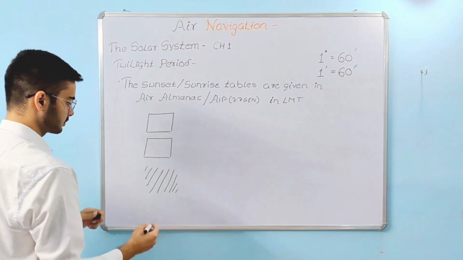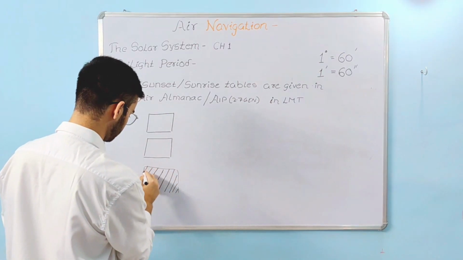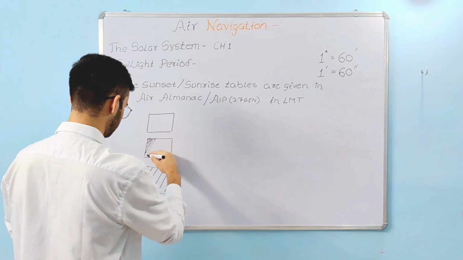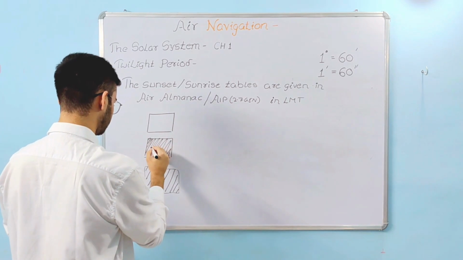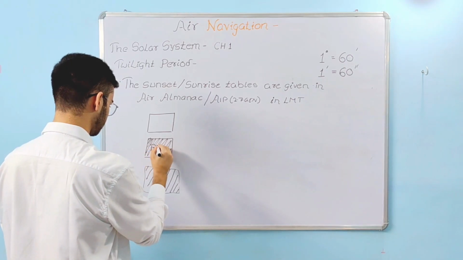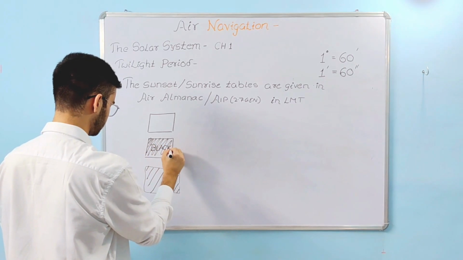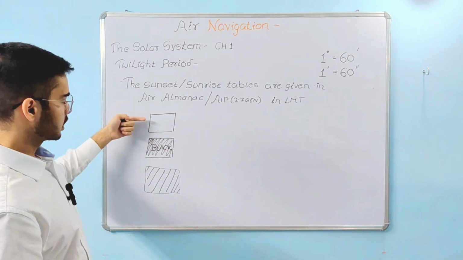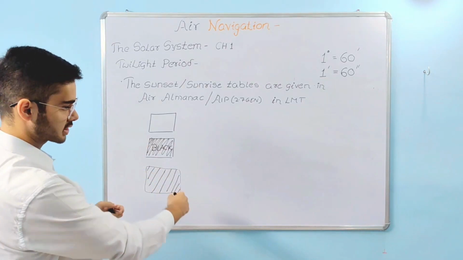These three symbols. I hope it's okay. White box, black box, and this is dashed.